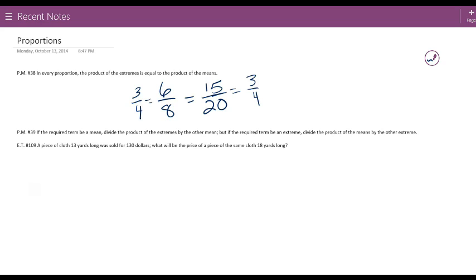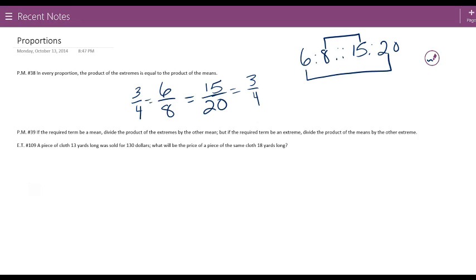However, if we treat it as a ratio, we would have 6/8, 15/20. Now, we can see here that we have our extremes and our means, just like we were talking about those compound fractions.